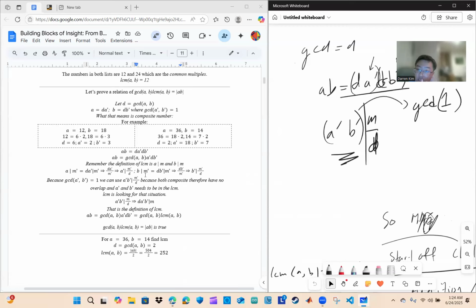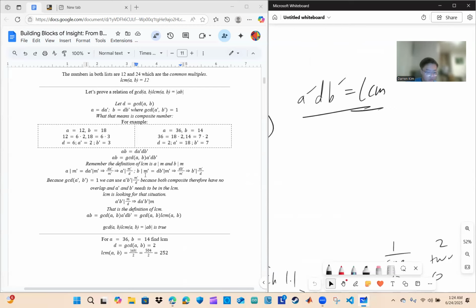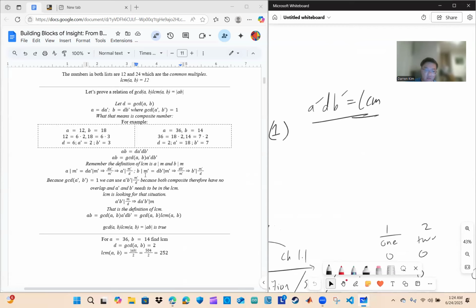So they must exist, basically. The composite must exist with the GCD. So what that gives you finally is that a prime D b prime must equal the LCM, basically. So the LCM must exist. Therefore, that's how you get the LCM.